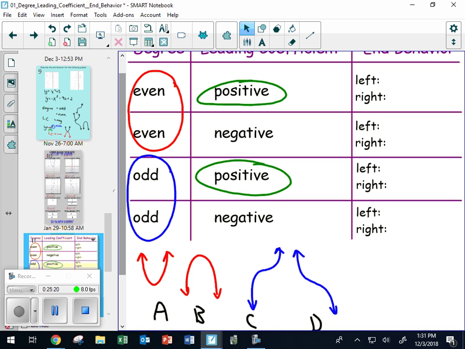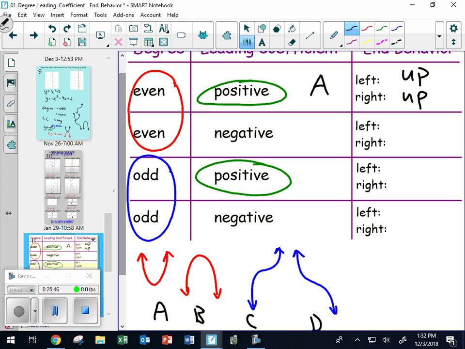If we have something that has an even degree and a positive leading coefficient, is it graph A, B, C, or D? It's A. Okay. So we have graph A. And if we have graph A, what is our end behavior on the left? Up on the left, up on the right.